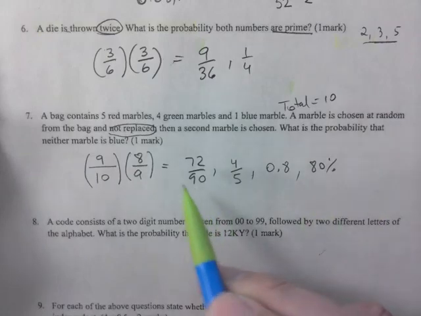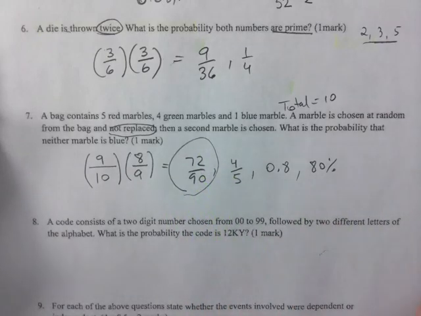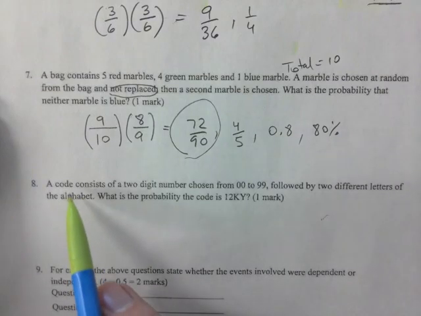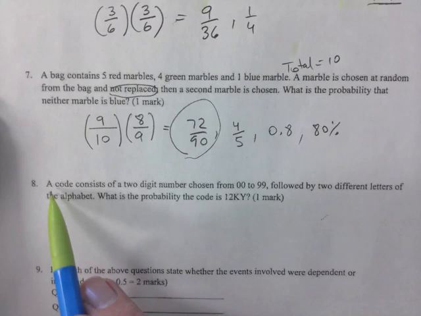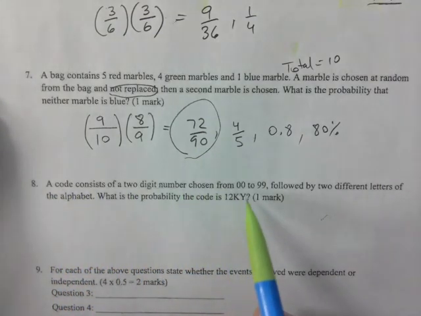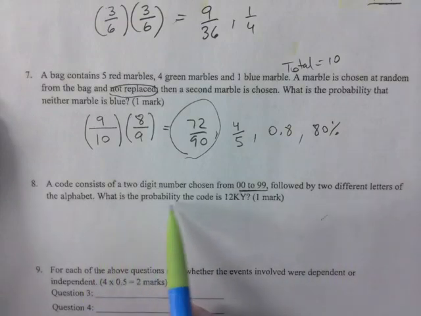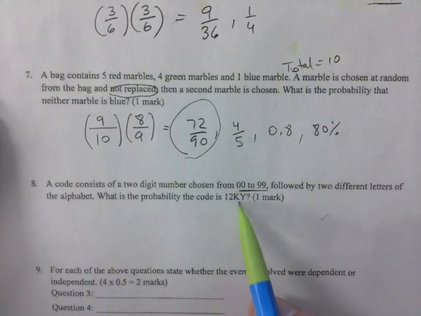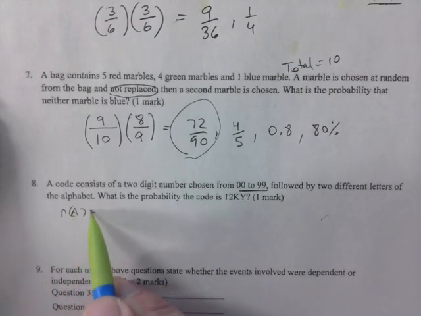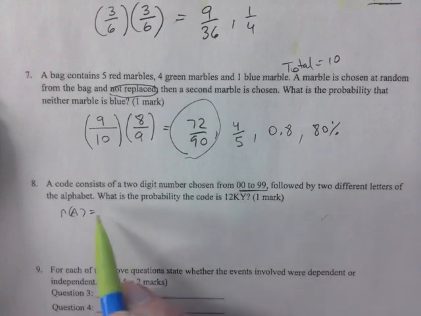You could stop right here and you'd be fine. You don't get any marks for reducing on the exam, and on the test you won't get any either. A code consists of a 2-digit number chosen from 00 to 99, followed by 2 different letters of the alphabet. What's the probability that the code would be 12KY? Here's where N(A) is just this one right here.